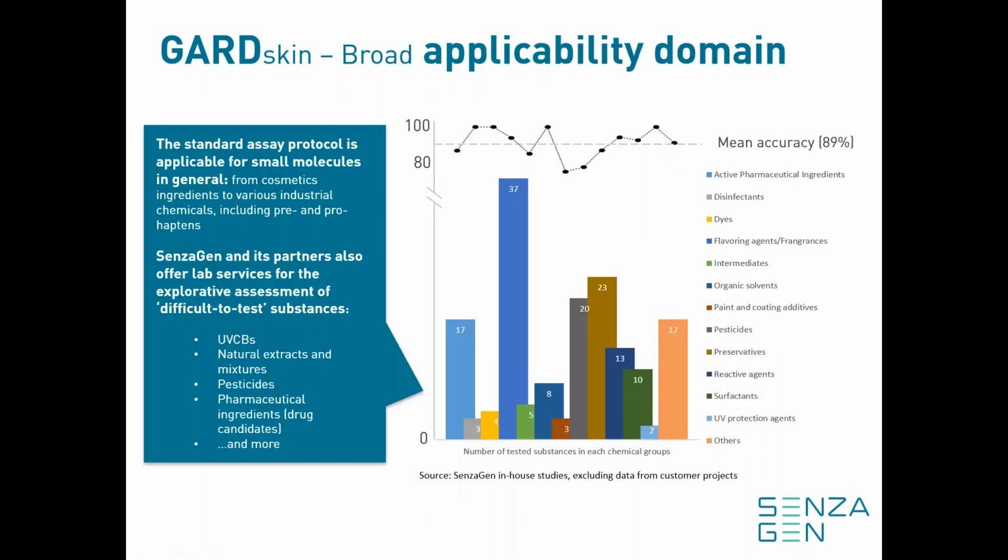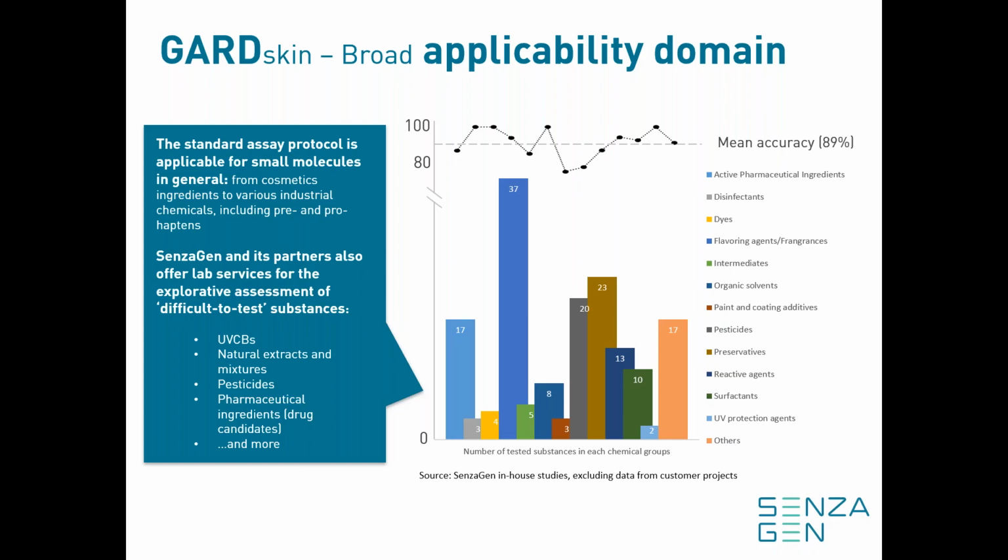So the next thing that I would like to briefly touch on, which I think is equally as important as the predictive performance of the assay, is of course to also evaluate the applicability domain of the assay. This slide shows the distribution of the samples that we have tested among those 207 that we have published.